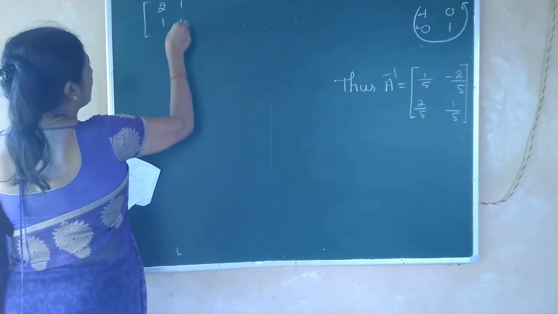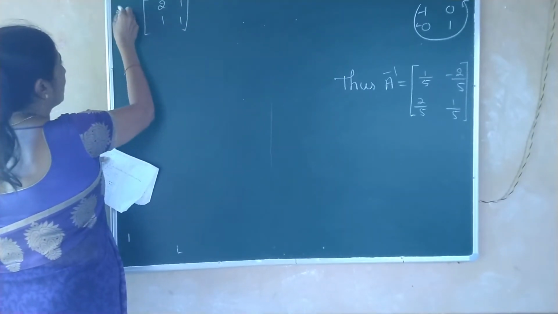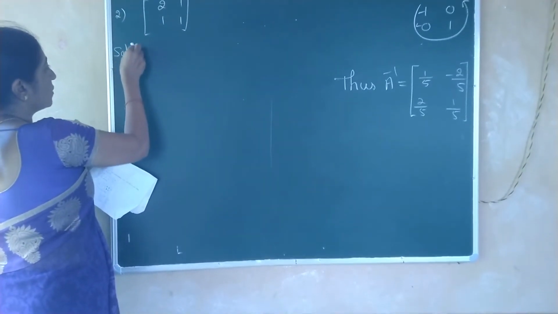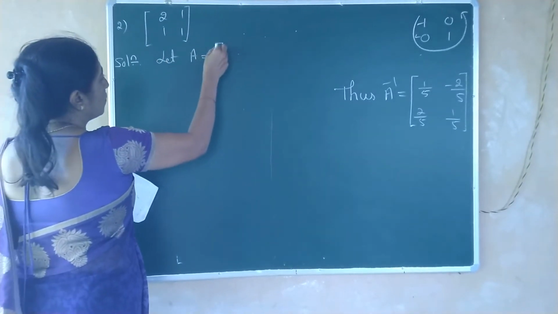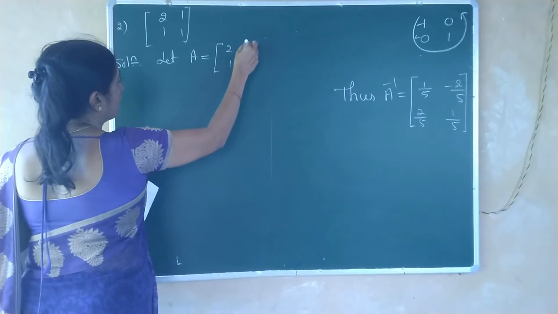2, 1, 1, 1. This is second example. In the solution, let us take this as A. A is equal to 2, 1, 1, 1.